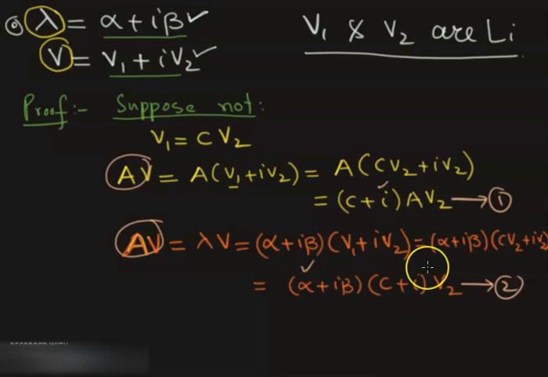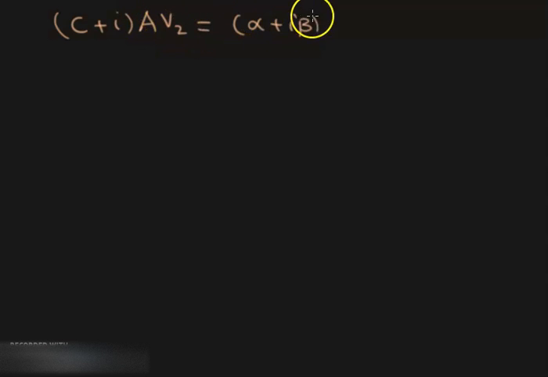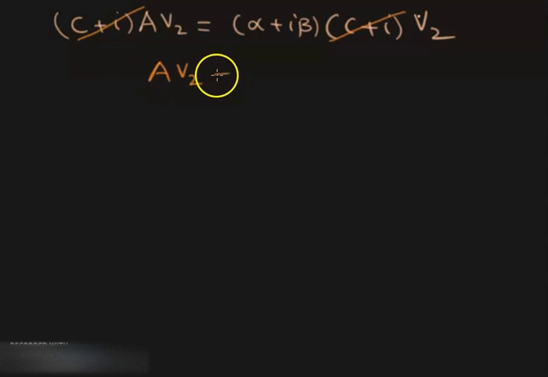So I can compare equation 1 and equation 2, and at the end of the day I get (c plus I) times A v2 equals (alpha plus iota beta) times (c plus I) times v2, and this factor gets cancelled, so A v2 is equal to (alpha plus I beta) times v2.